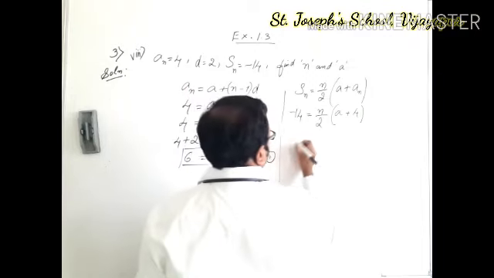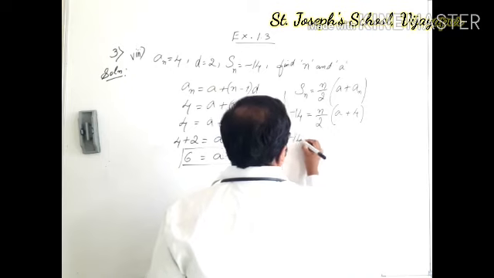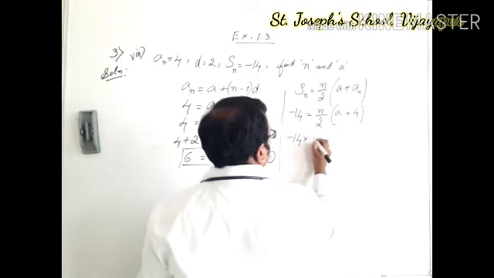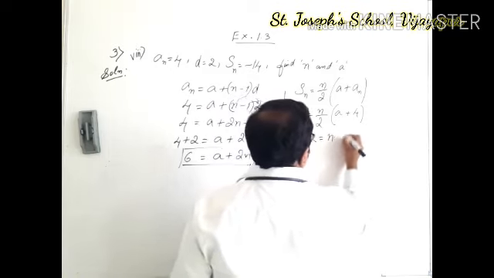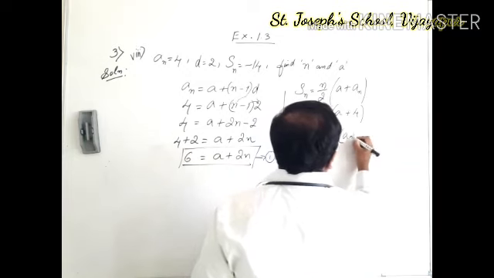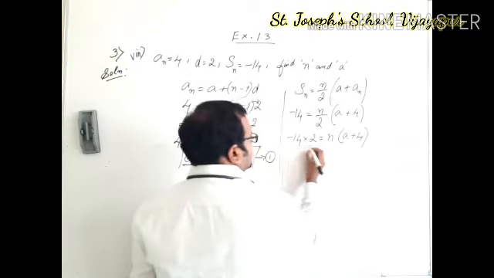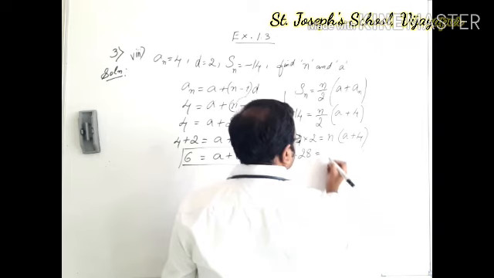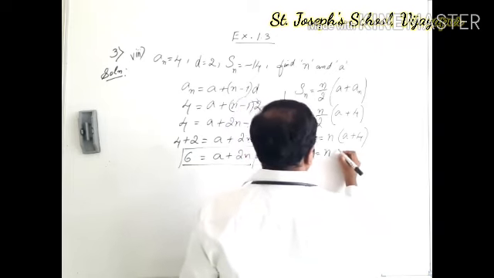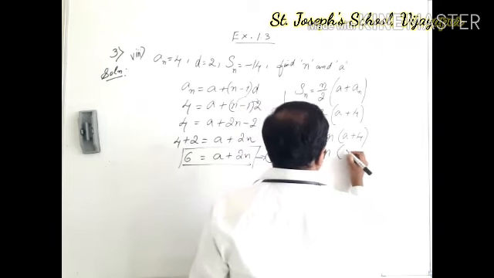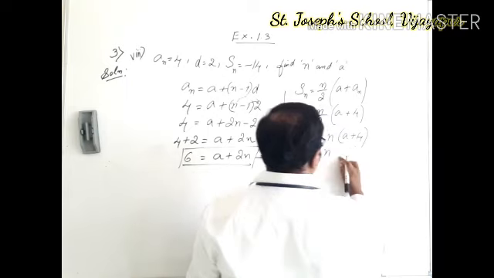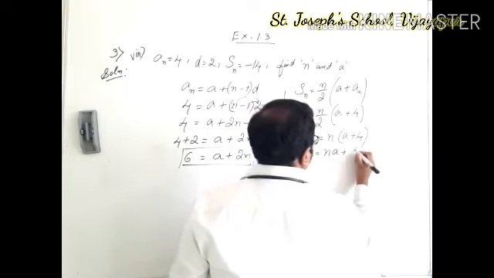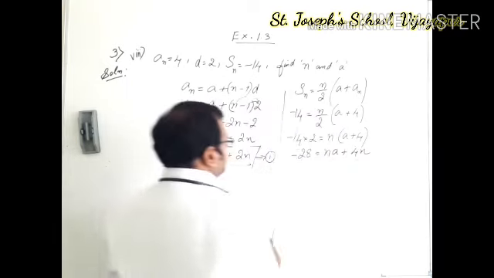Now let's simplify. It is minus 14 into 2 is equal to n into a plus 4. Minus 28 is equal to n into a plus 4, or you can write it as n into a plus 4n.